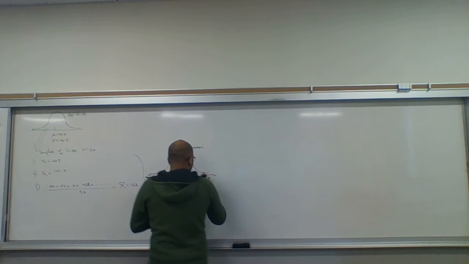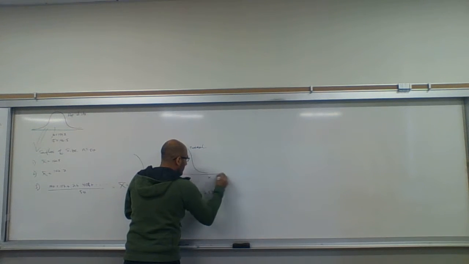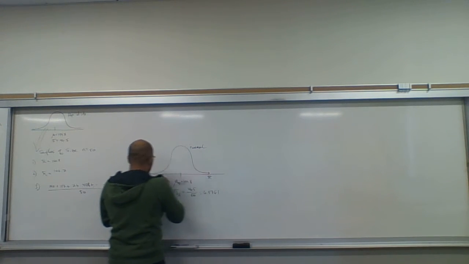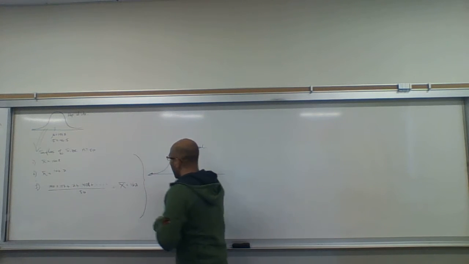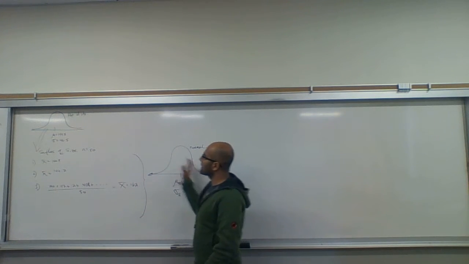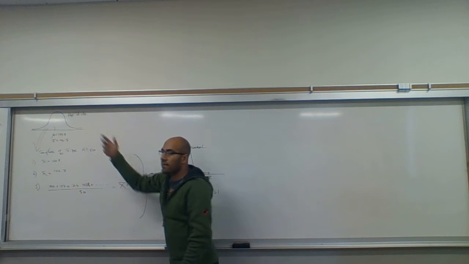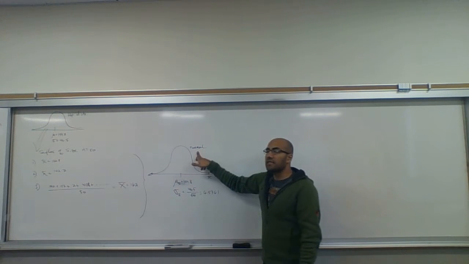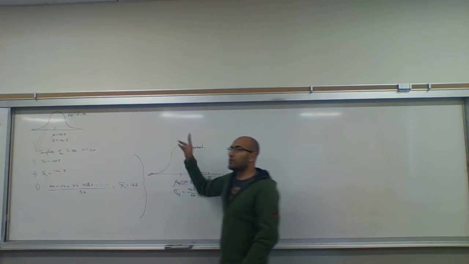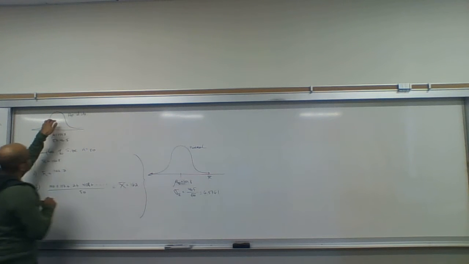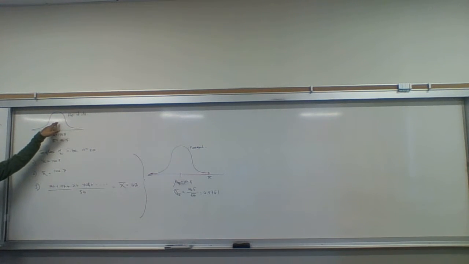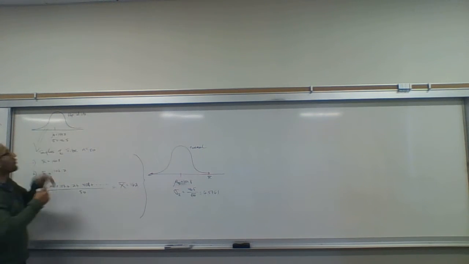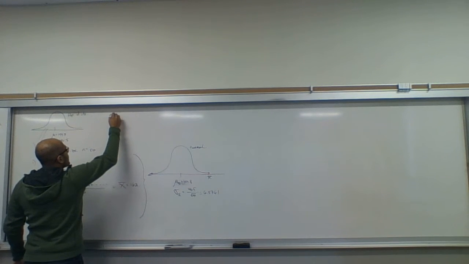Remember, oh, little mistake here. This is going to be x bars. Right? Every one of these little dots represents the mean that comes from a sample of size 50 from that population. And we're guaranteed this is normal as long as one of two conditions is satisfied. We don't need this to be anything in particular. This could be any distribution. However, if it is a normal distribution, this will work.